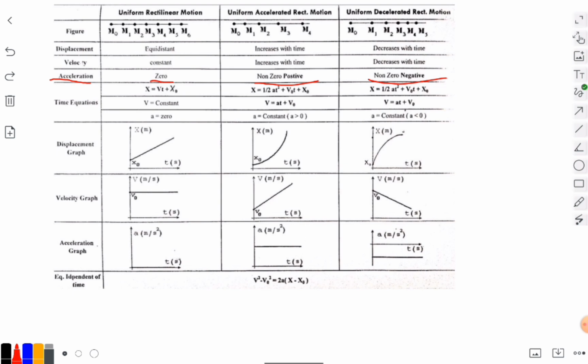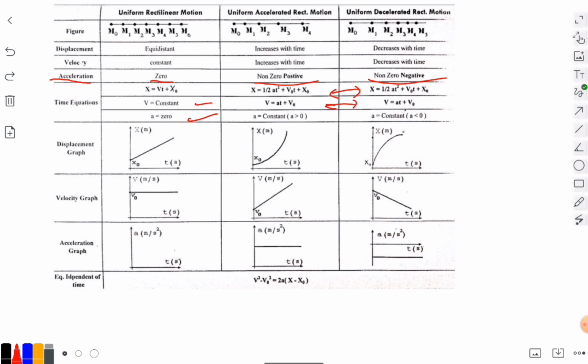Time equation for uniform rectilinear motion: x equal vt plus x0. The velocity is constant and the acceleration equal to 0. For uniform accelerated rectilinear motion and uniform decelerated rectilinear motion, the time equations are x equal half a t squared plus v0 t plus x0 for both, and v equal at plus v0 for both.